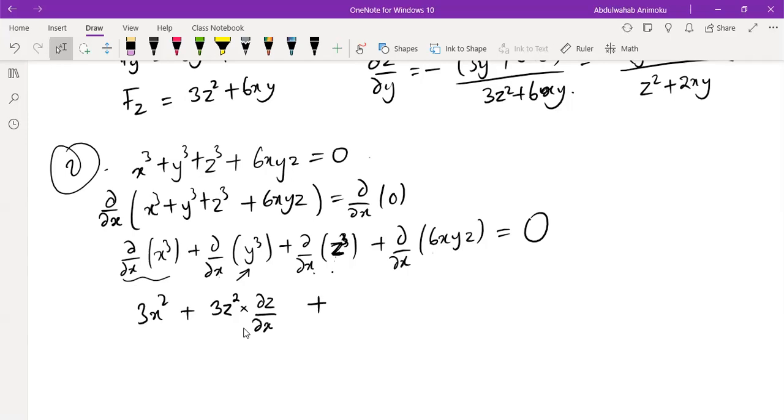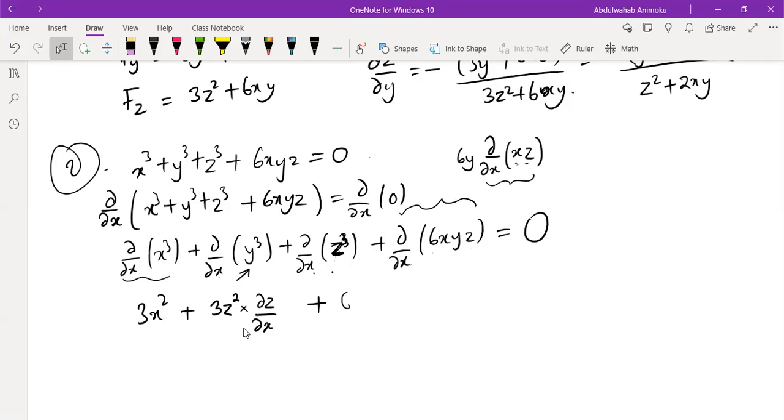And then the next one, the last one, d dx of this, again, 6y will be acting as a constant, because x is not depending on y. So this can be written as 6y d dx of xz. These two functions depend on what? X. Okay. So now we can use product rule to find the derivative of this.